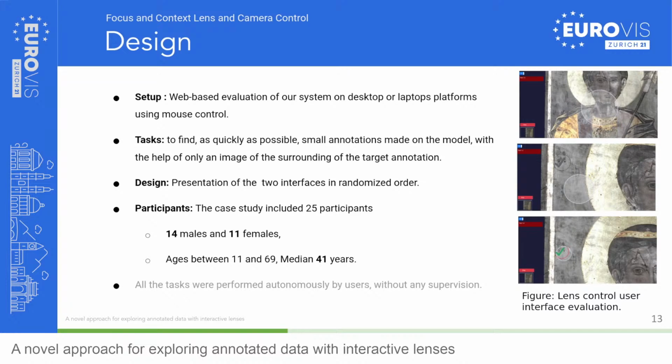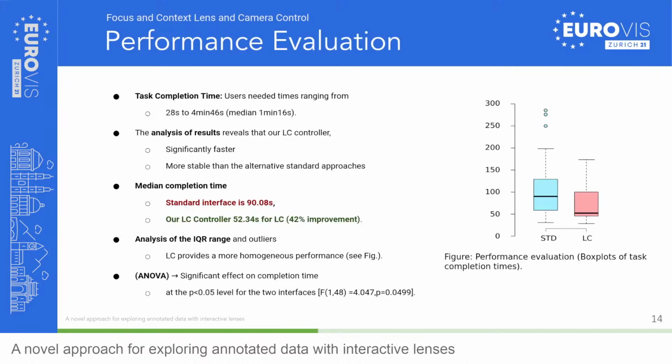The case study included 25 participants, 14 males and 11 females, with ages between 11 and 69 and a median of 41 years. The analysis of performance results reveals the median completion time for all users.